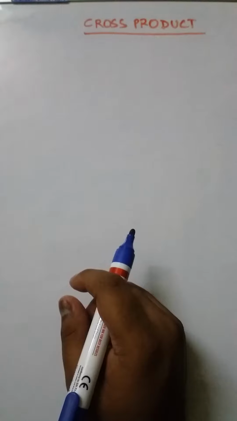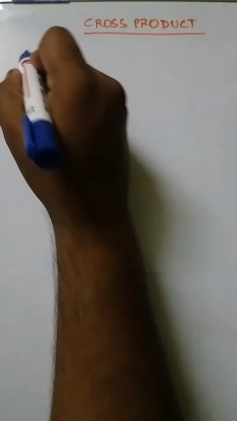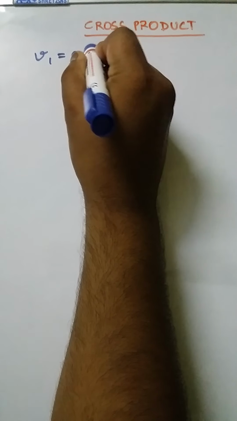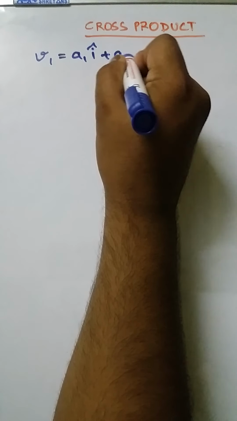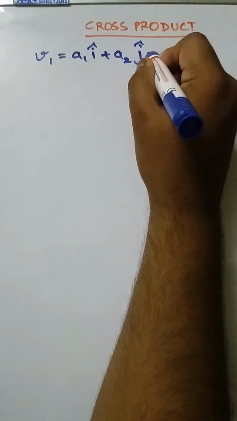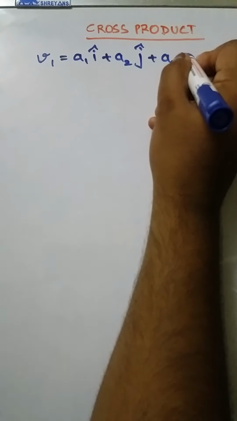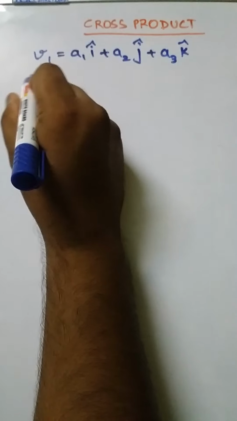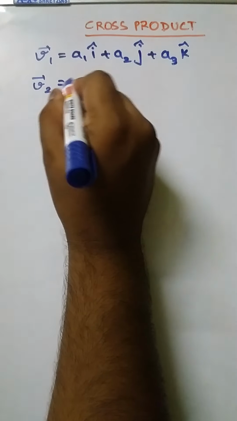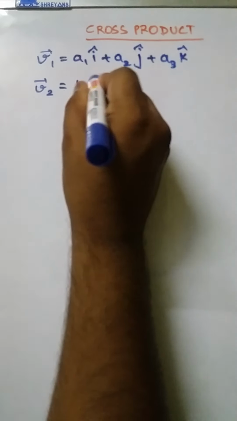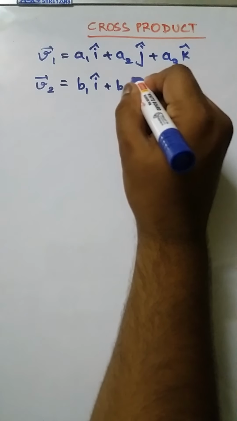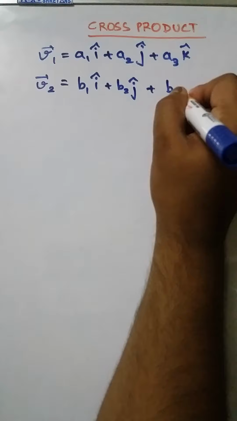Now, the cross product of two vectors v1 equals a1 i cap plus a2 j cap plus a3 k cap, and v2 equals b1 i cap plus b2 j cap plus b3 k cap.